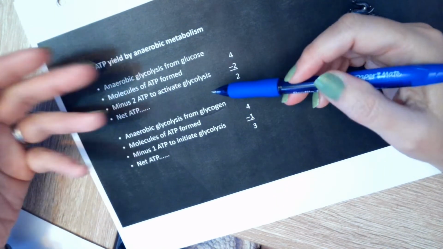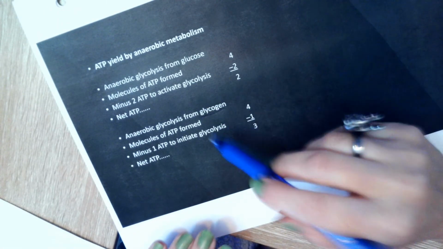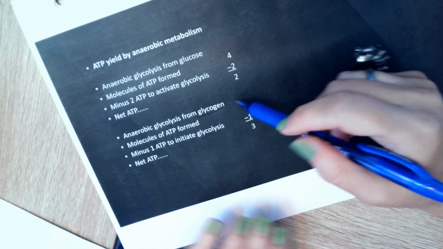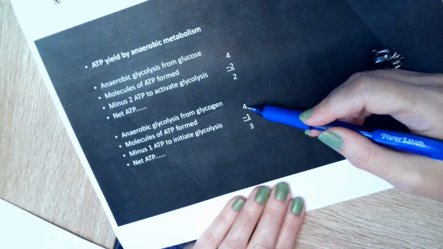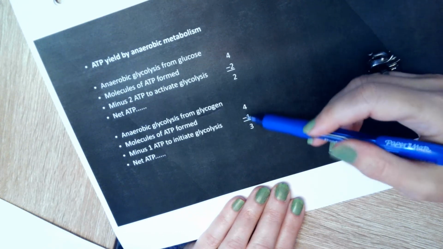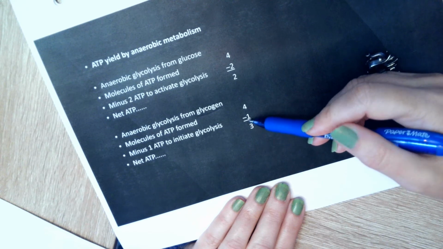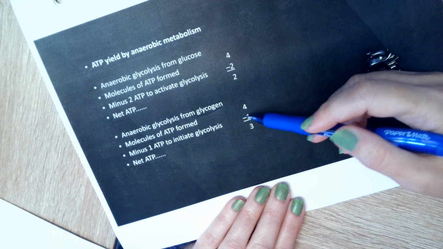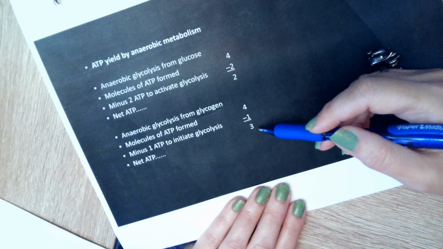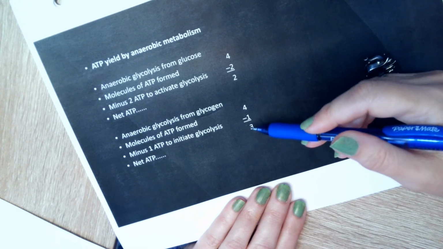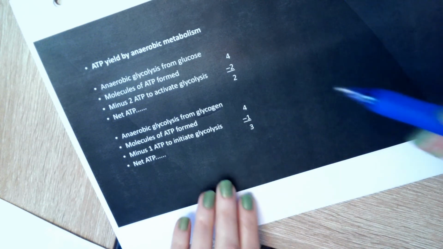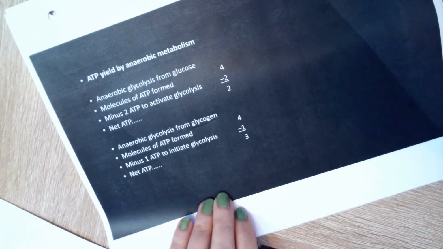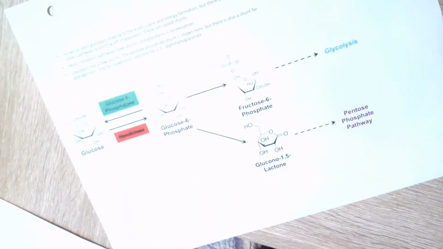But let's say we're in a hepatocyte in the liver and we're breaking down glycogen directly into energy. We would get 4 ATP out of that process. It takes us 1 ATP to get the process started, so we get 3 ATP out of that. Again, that's not a lot. So it's not the most efficient way to do it. It's good to have oxygen available to be able to do the electron transport chain.